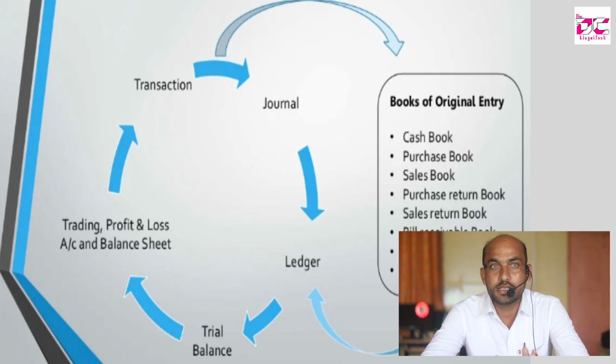Keep that record in mind. First is a transaction, after that journal, thereafter ledger account, and last one, the trial balance. From the trial balance, we prepare the trading and profit and loss account. So each and every businessman knows about the profit of their business at the end of the financial year.